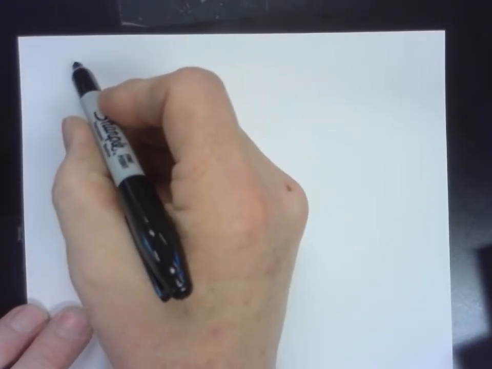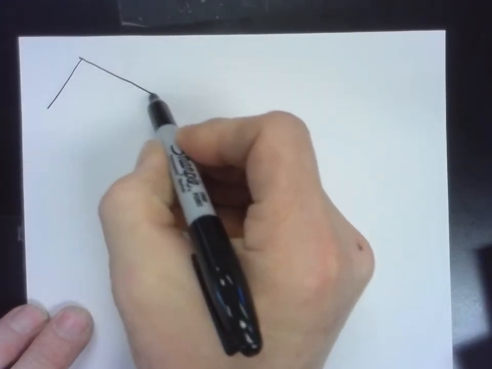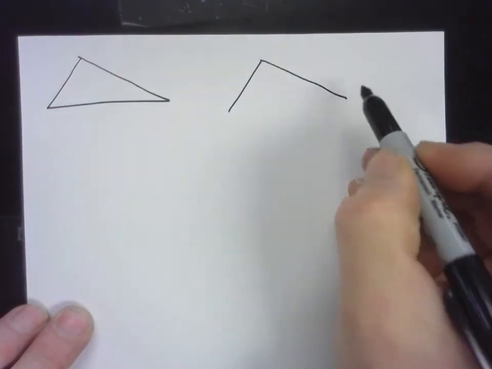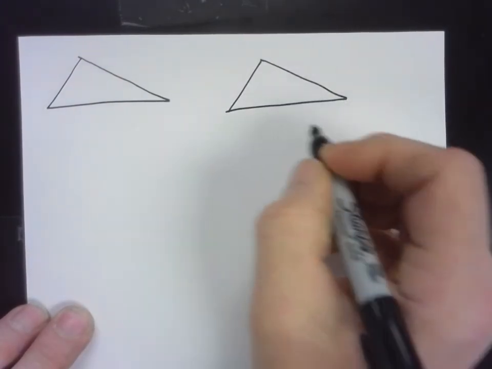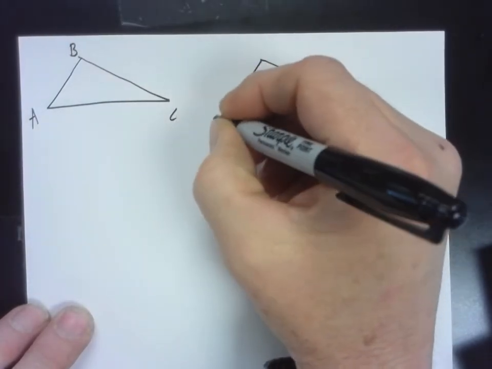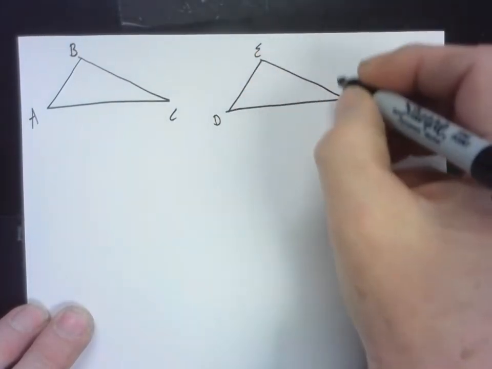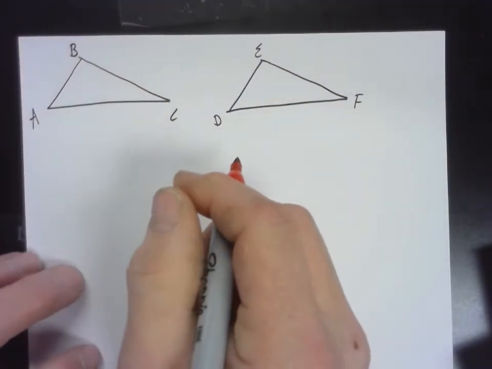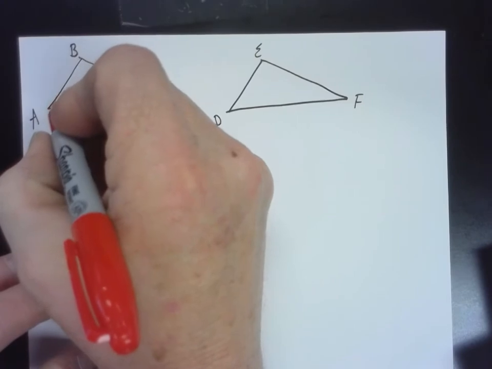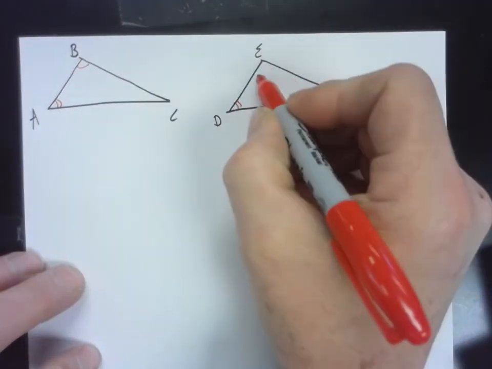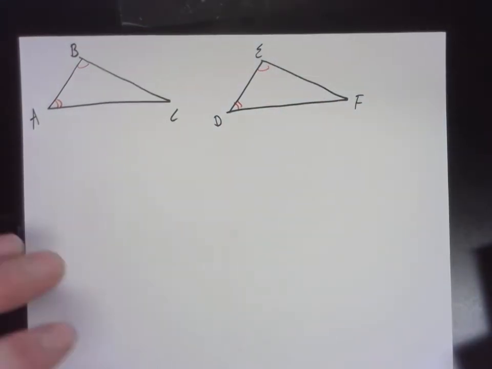Let's see if I can prove this to you. I've got these two triangles, ABC and DEF, and we are given that angle A is congruent to angle D, and that angle B is congruent to angle E. Is angle C congruent to angle F?